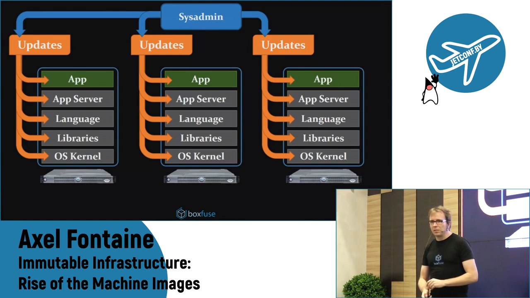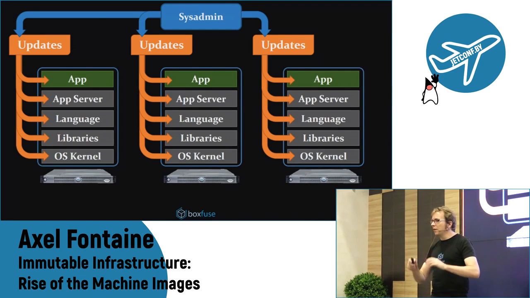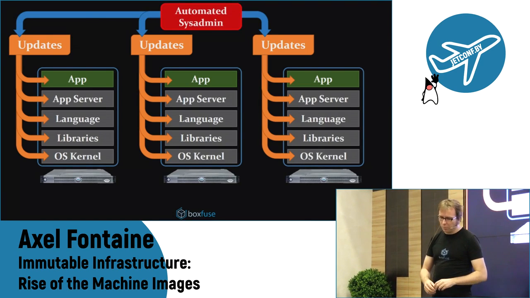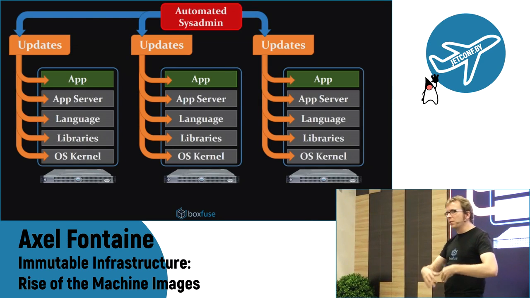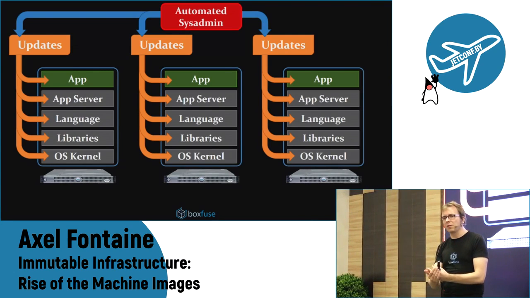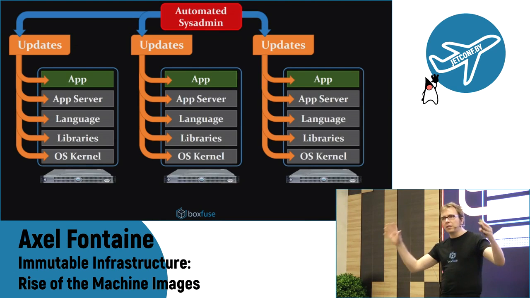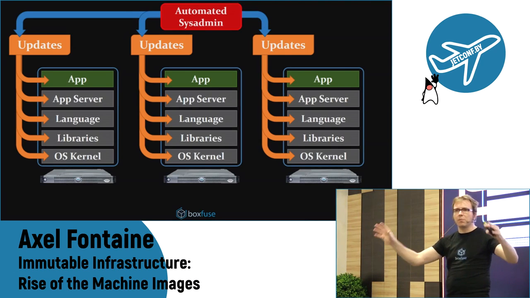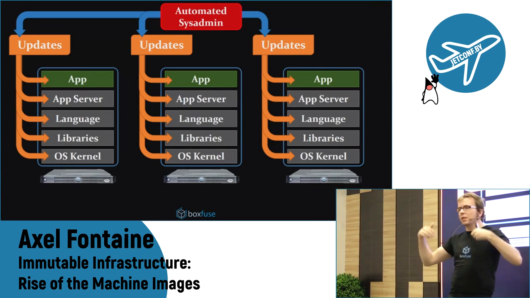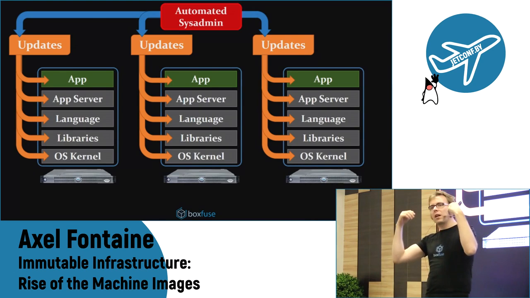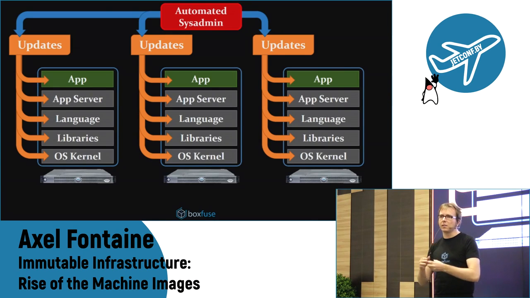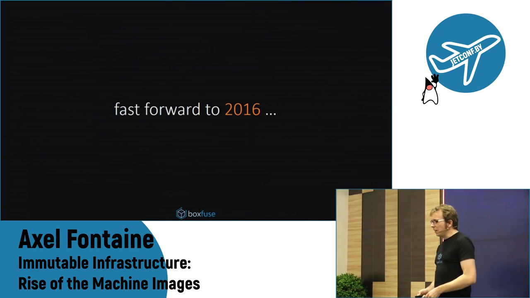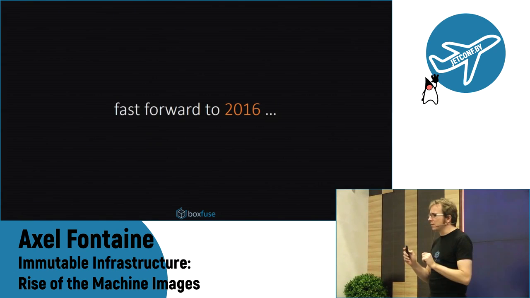Instead of the system administrator, we now have the automated system administrator, better known as the chefs or puppets of this world, where you perform the same basic task as the system administrator, and where you align different systems based on some templates or recipes. It's just a little bit faster, a little bit less error-prone, a little bit more efficient, but the basic task is the same.